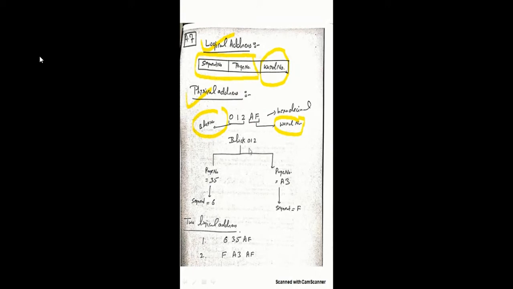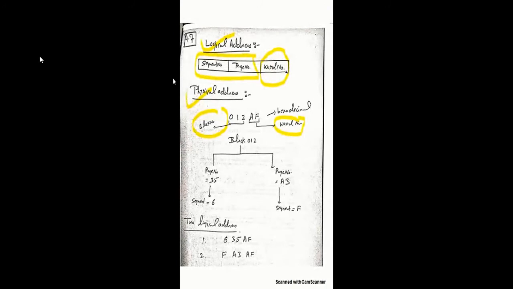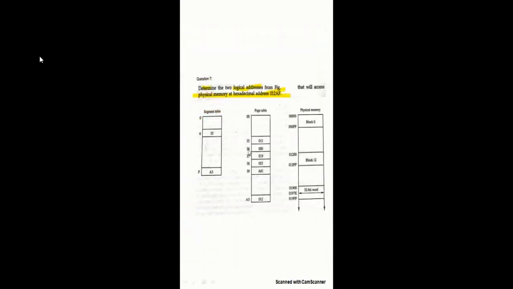Now, when we want to convert this physical address into a logical address, this block number needs to be mapped to your segment number. How will you do that? Go back to the previous slide and find which segment it is in. Okay, 012F. This is the block number. Now this block 012 is present in which page? Page 35. Hope you are seeing this.